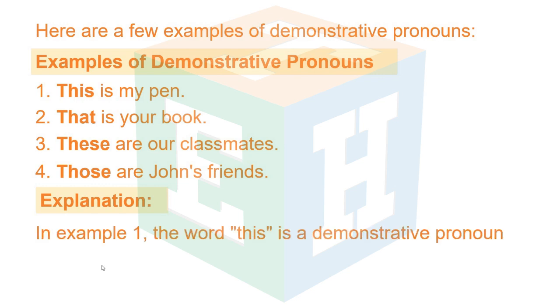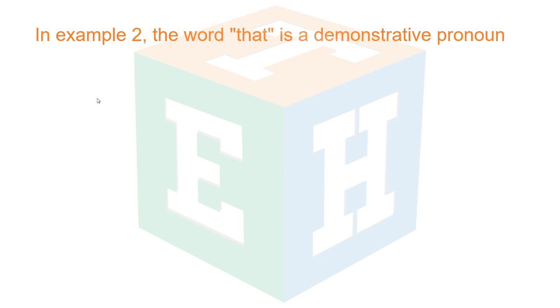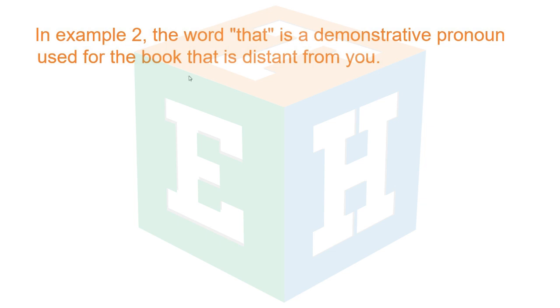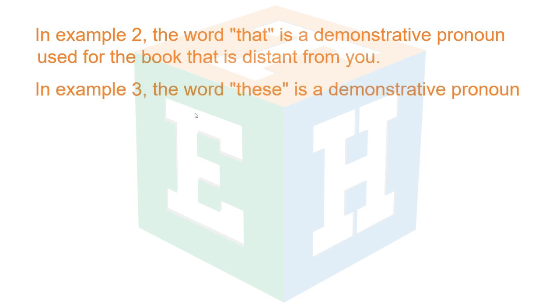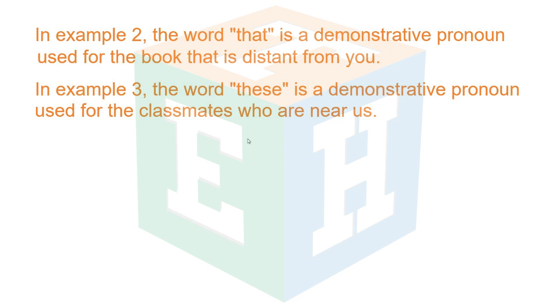Explanation. In example 1, the word this is a demonstrative pronoun used for the pen that is near me. In example 2, the word that is a demonstrative pronoun used for the book that is distant from you. In example 3, the word these is a demonstrative pronoun used for the classmates who are near us.